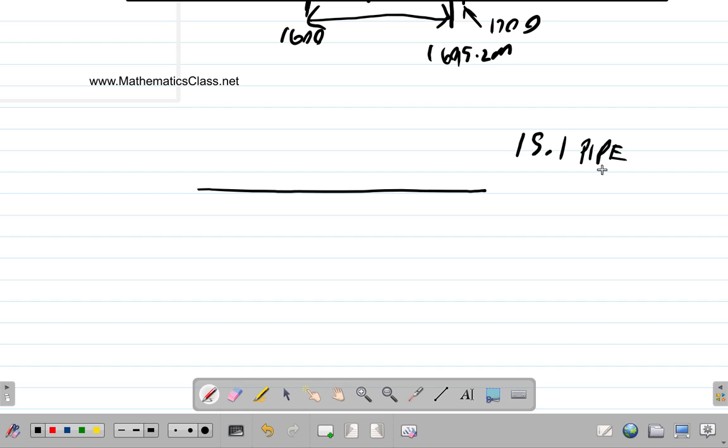At the hardware, they generally don't cut it unless they find a piece thrown down somewhere. You're going to have to buy 16. So a 16 length of pipe you're going to have to buy.